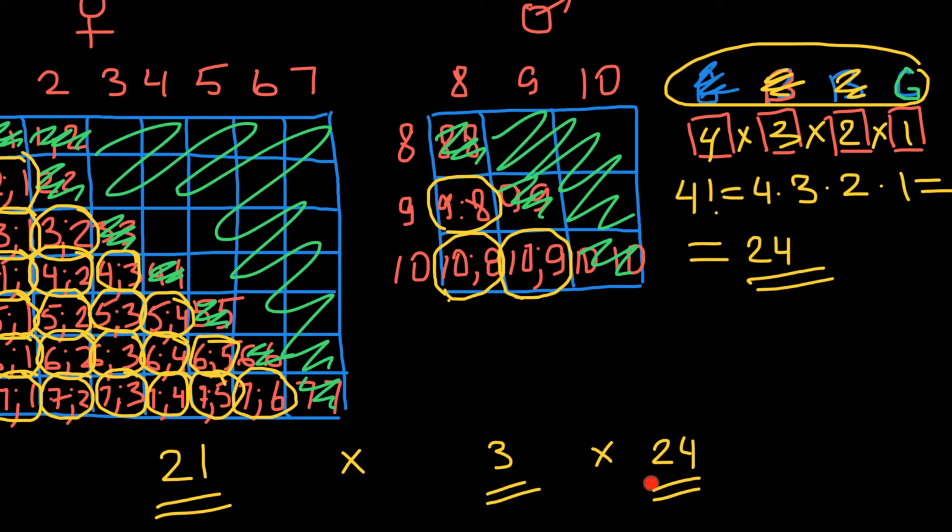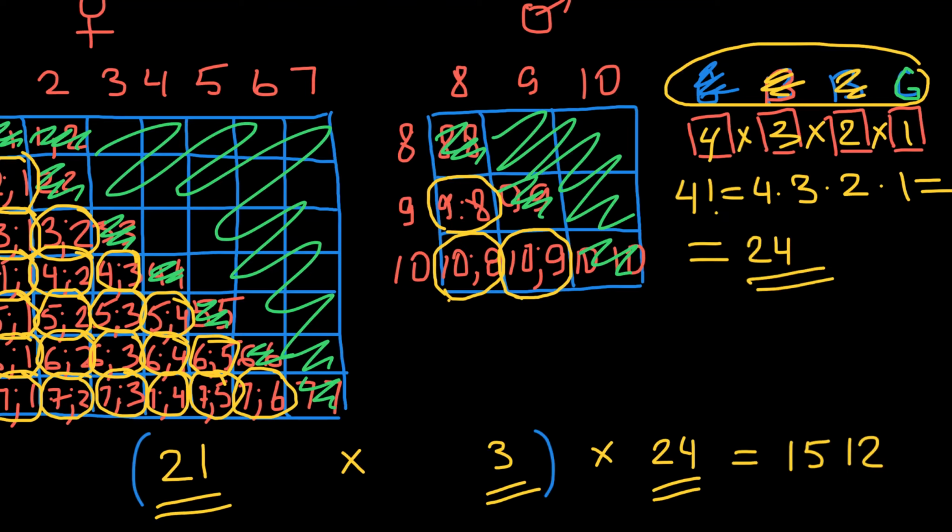So what we are going to get here is 1512. Again, pay attention that this is a number of combinations of boys and girls, 2 girls and 2 boys. So 21 multiplied by 3 is going to be 63 different unique sets. We can say sets of boys and girls.